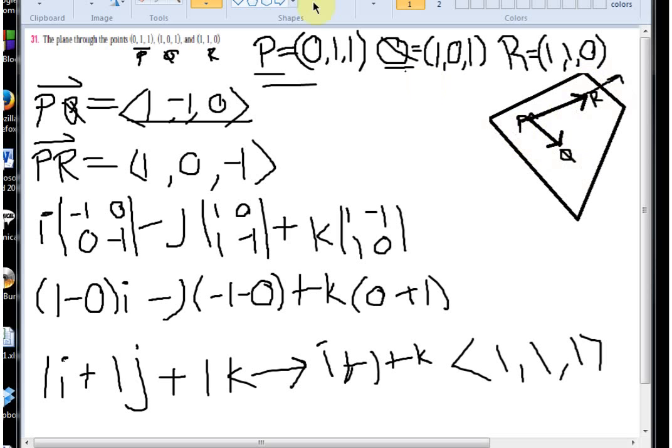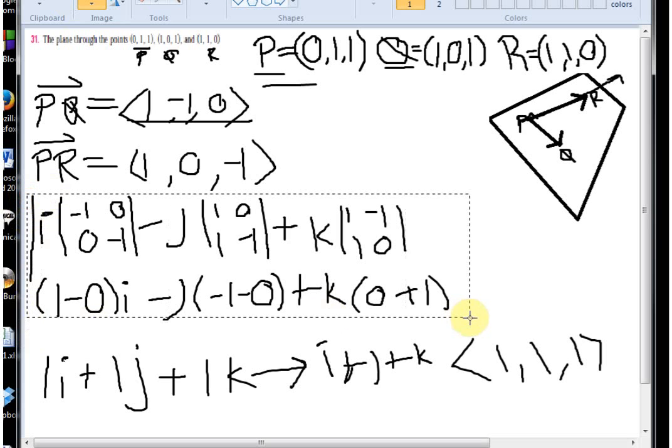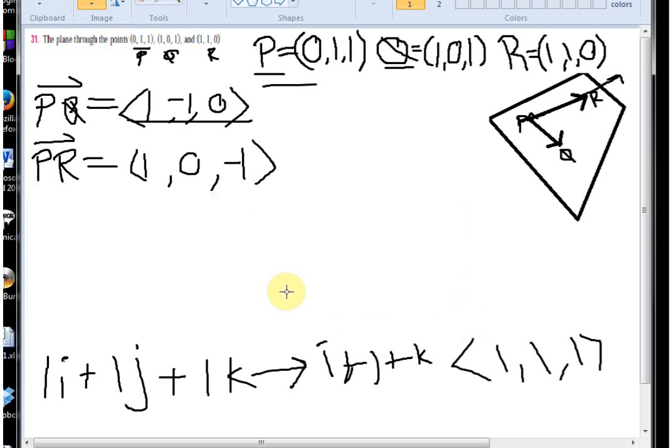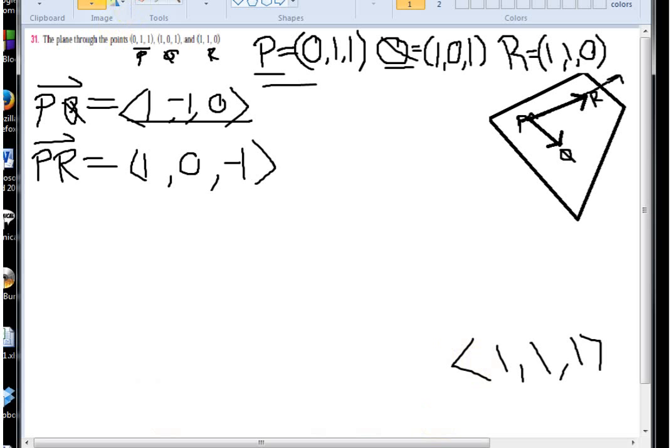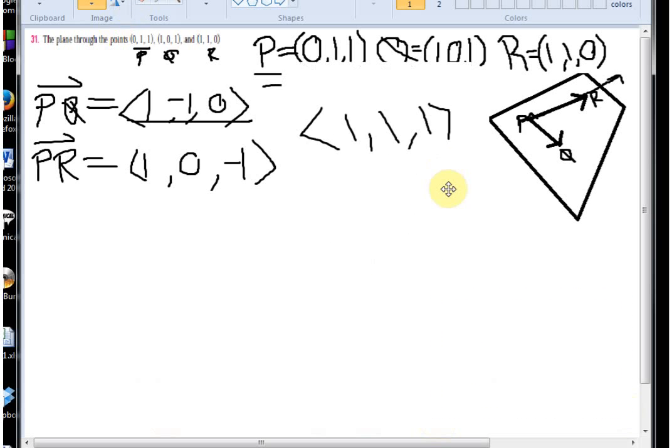So now we have a vector that's normal to the plane, and we also have a point. We have 3 points, but we can use any one of them to solve this problem.